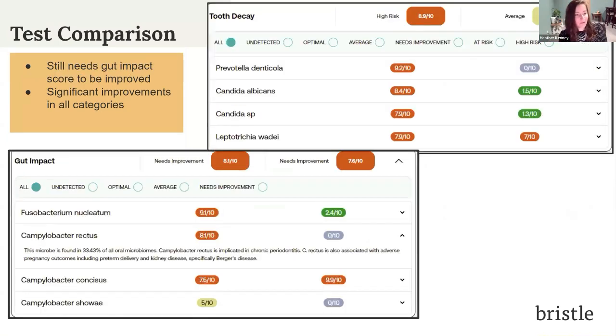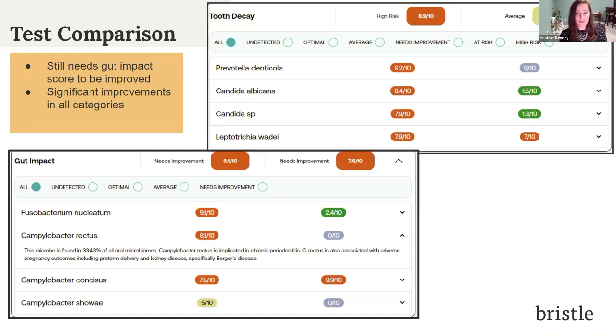So pretty profound. And then here, Prevotella denticola is taken care of. We've significantly decreased our Candida. We still have Lipotropia. Lipotropia is one that has to be paired with another pathogen like S. mutans to be really problematic. Like I said, it's mostly polymicrobial in nature when we get caries issues.